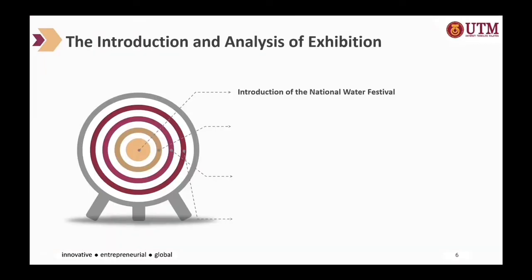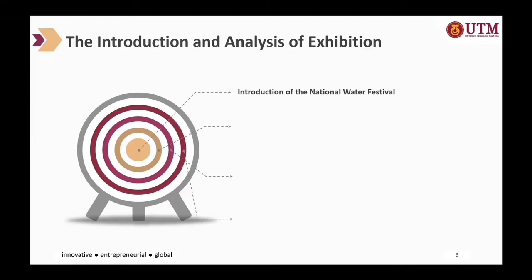The introduction and analysis of the exhibition will look at four aspects, starting with the introduction of the National Water Festival. Malaysia started the National Water Festival celebrations in 2000. The Water Sports Organization was established as the United Nations in 1997. The National Water Games offers a variety of international water sports activities.